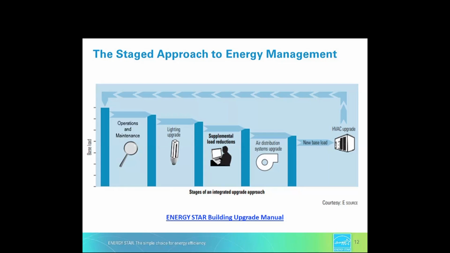And then later down the road, when it comes time to implement those capital upgrades, like new air distribution system upgrades or even replacing your chiller or boiler, those are bigger retrofits, but when it comes time to decide on what equipment you're going to purchase, it's better to buy a piece of equipment that is correctly sized to your building, right? So if you haven't taken those steps to reduce your energy waste, then you may find later down the line that you're going to be installing systems that are too big for what your building needs.